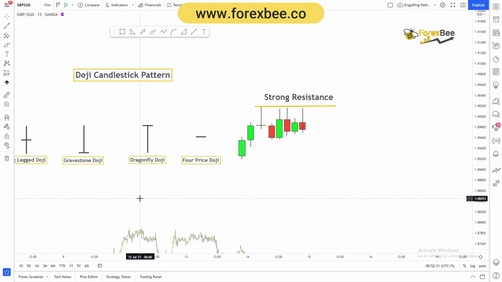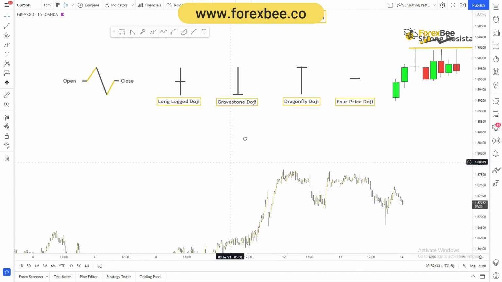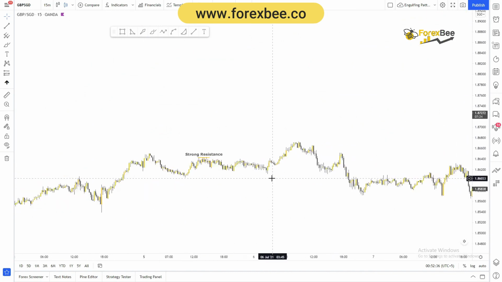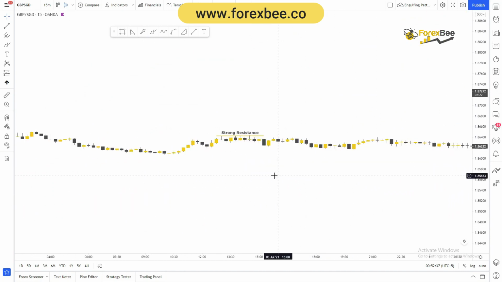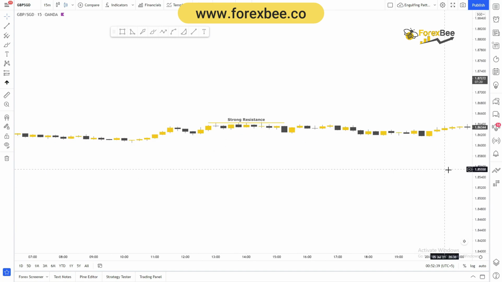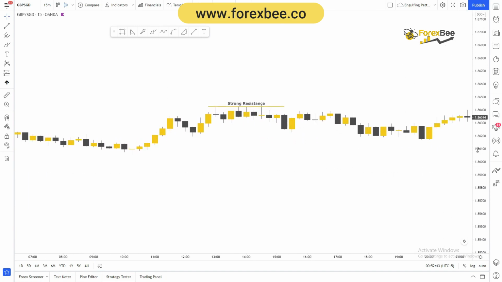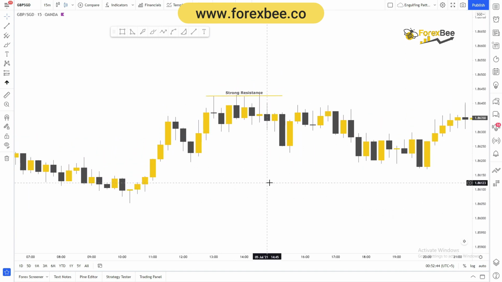Let me go down to the live charts and show you a similar type of pattern being formed. Here you can see there is a small bullish trend, and then there's the formation of a doji candle.